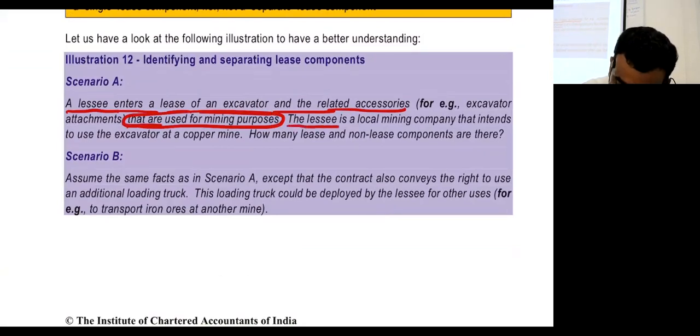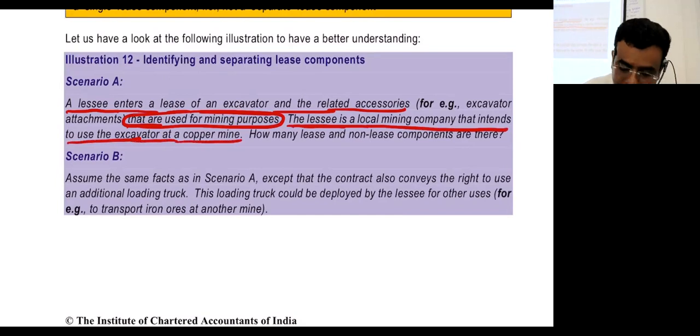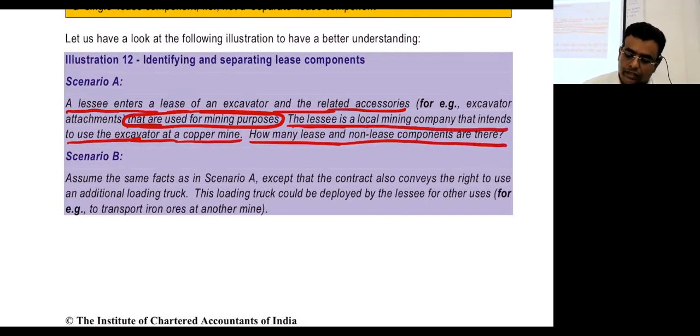The lessee is a local mining company that intends to use it at a copper mine. How many lease and non-lease components are there?